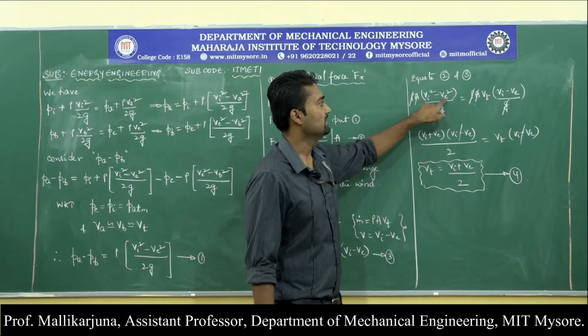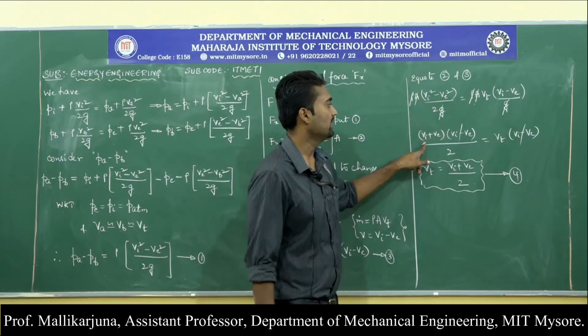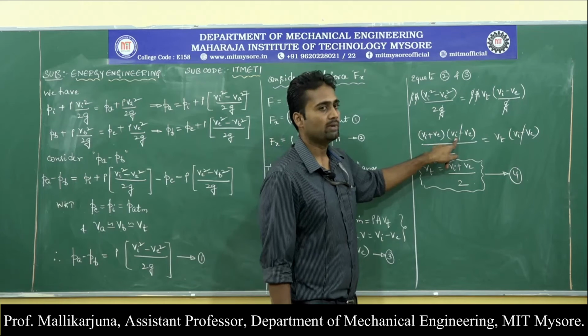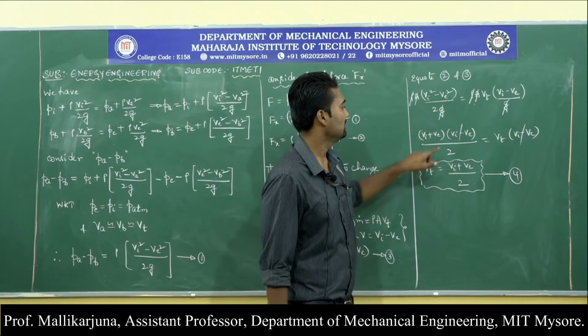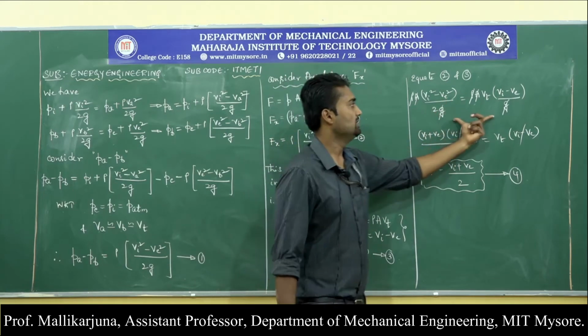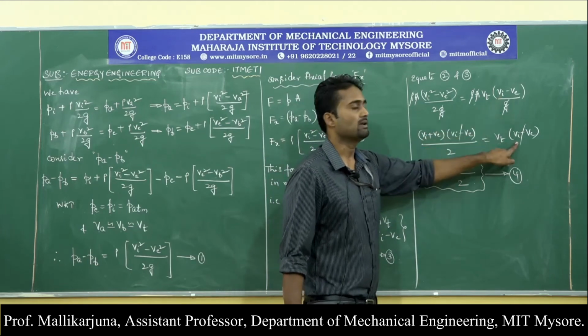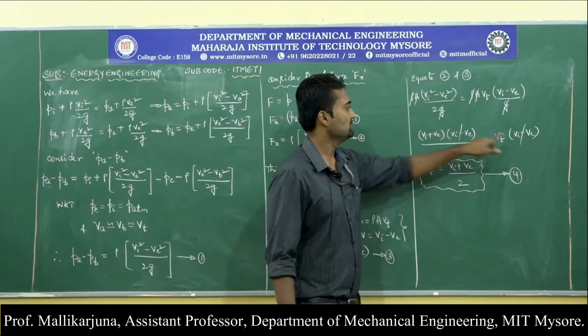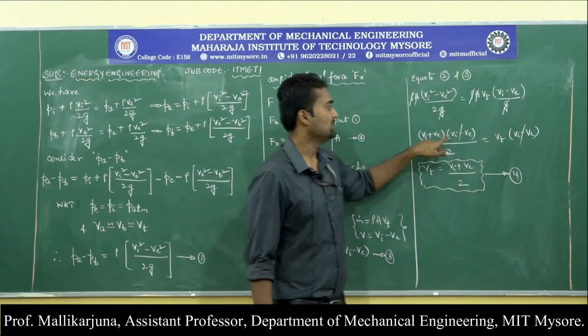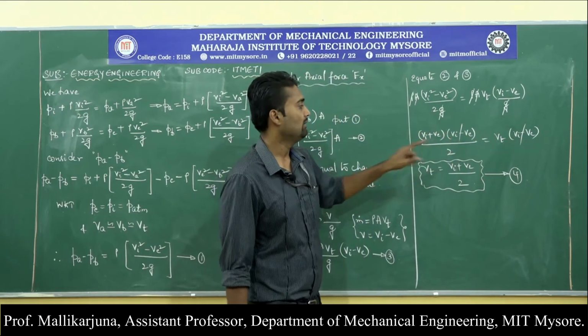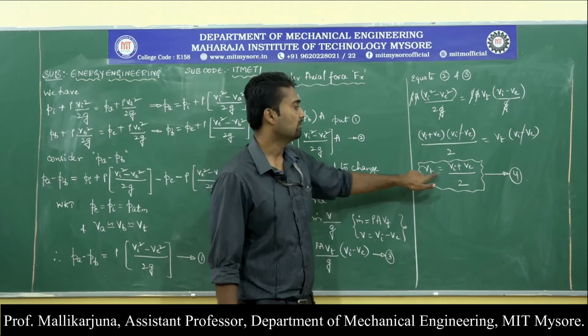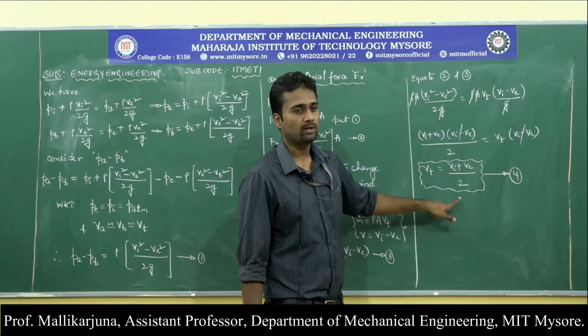Vi square minus Ve square is split as Vi plus Ve and Vi minus Ve. I have kept it as it is, and divided by 2. G goes off on either side, and I am left with Vt and Vi minus Ve. In the next stage, I have cancelled Vi minus Ve with Vi minus Ve. I will be left with Vt equal to Vi plus Ve divided by 2.